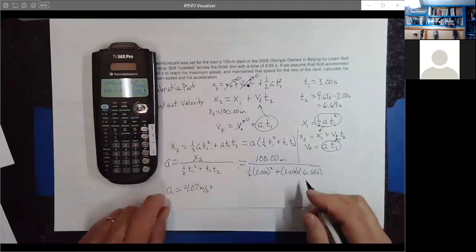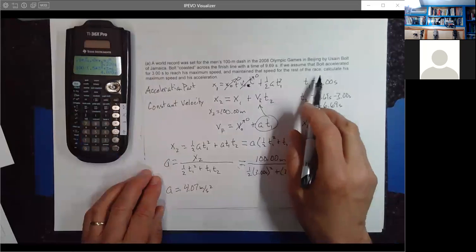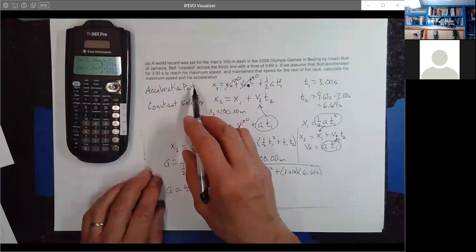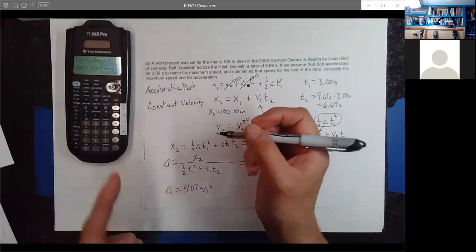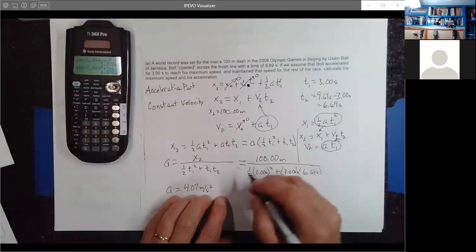Okay, I know the acceleration. Now, the other thing it asked for was, it says calculate his maximum speed and his acceleration. I did the acceleration first. The final maximum speed is this v final.